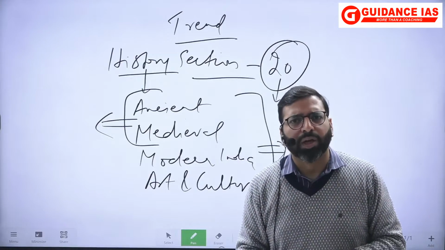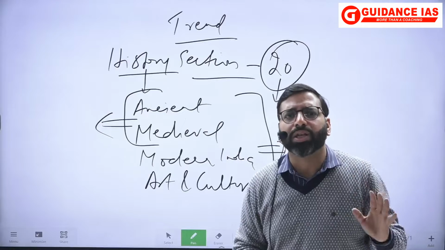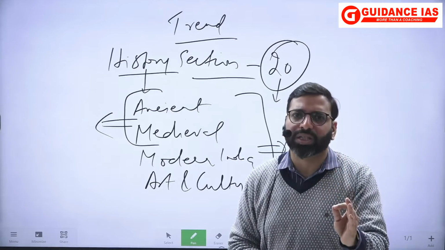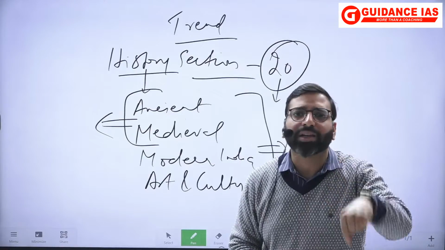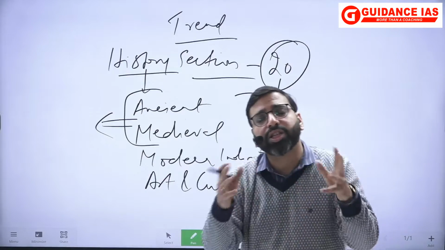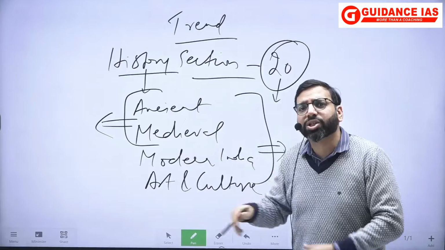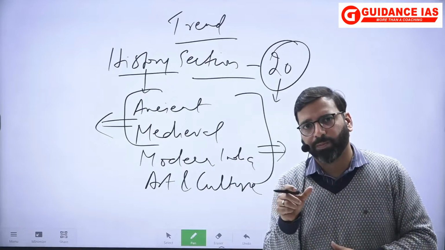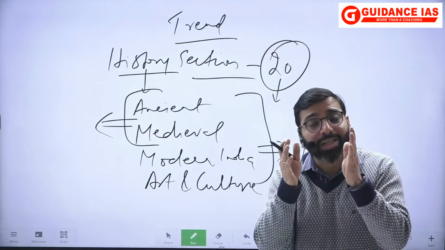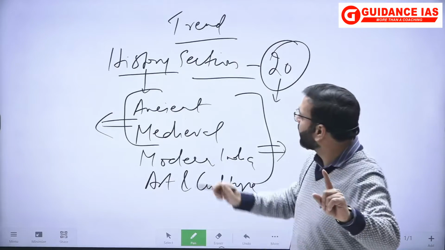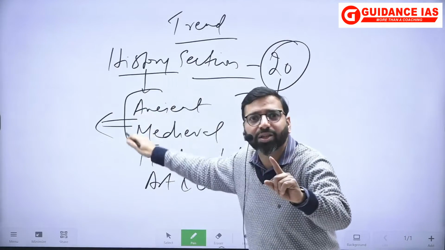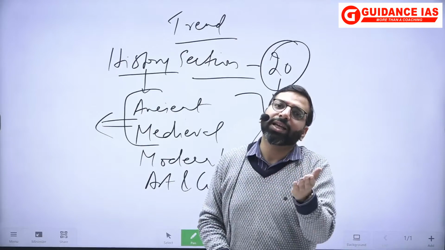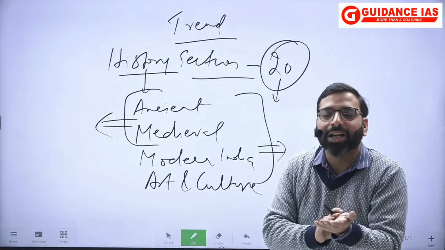Most of the students used to leave this, but that mistake of leaving ancient and medieval cannot be made at this juncture, because in this recent trend these sections have acquired a very prominent place in your preparation. At the same time, it is not the case that only reading NCERT will help you.